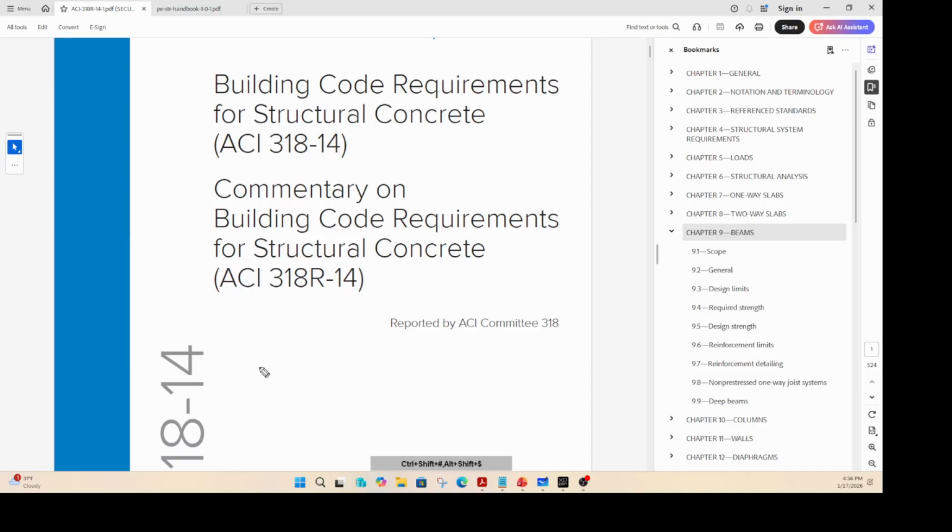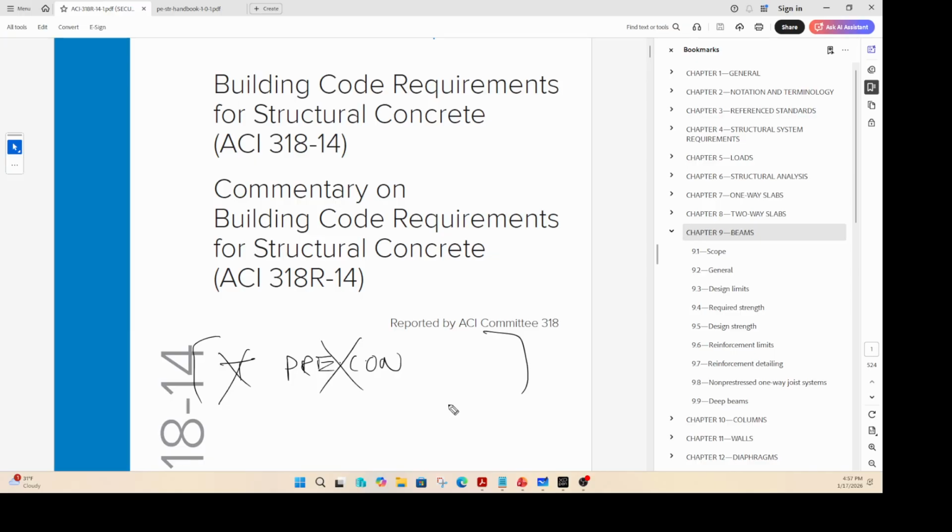What we will not cover is anything about torsion. We will not cover anything about pre-stressed concrete, right? There are a bunch of sections you will see me skipping, but that is intentional because, like I said, the intention is to cater to the PE breadth level and SC breadth level topics.